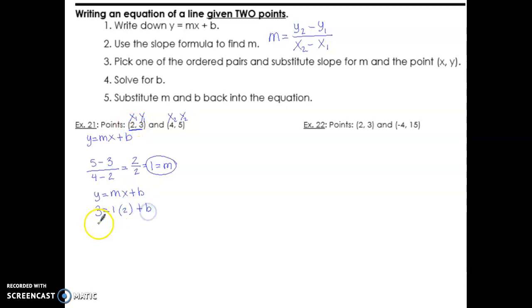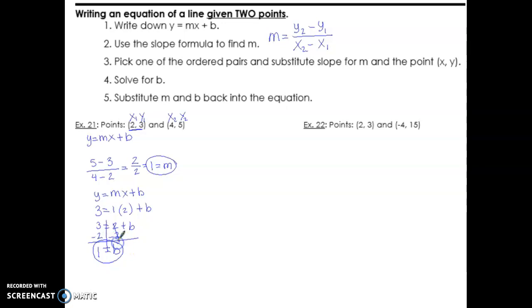plus b. 3 is equal to 2. 1 times 2 is 2, plus b. Now get that b by itself by subtracting the 2 from both sides. Cross that out, and you're left with b is equal to 1.